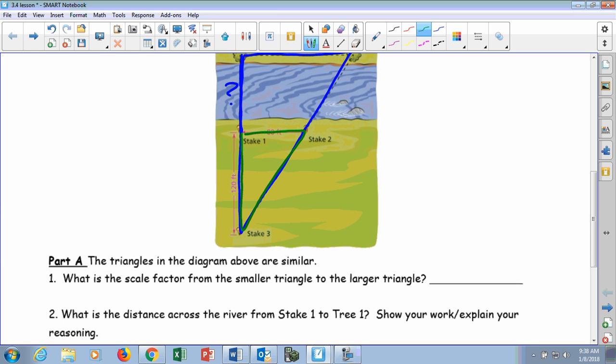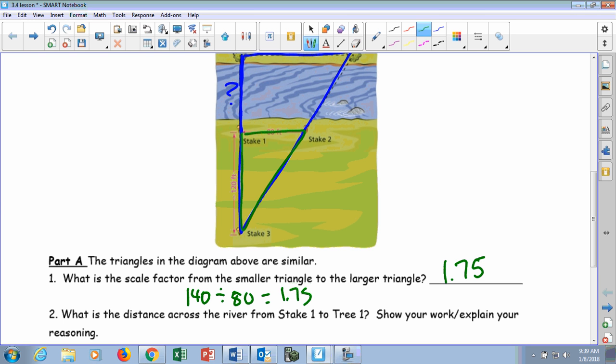So if you take 140 and divide it by 80, what'd you get? 1.75. So that's our scale factor. Because remember, to go from the little triangle to the big one, it has to be a number bigger than 1, right? So if we're scaling up, it's got to be bigger than 1. If we're scaling down, it's got to be smaller than 1. Good.